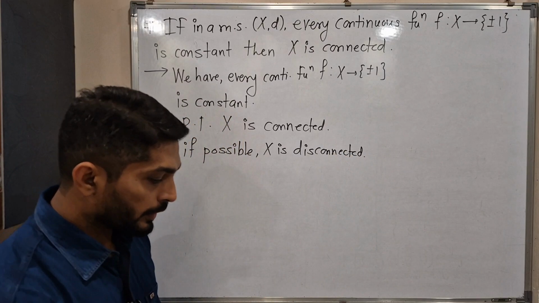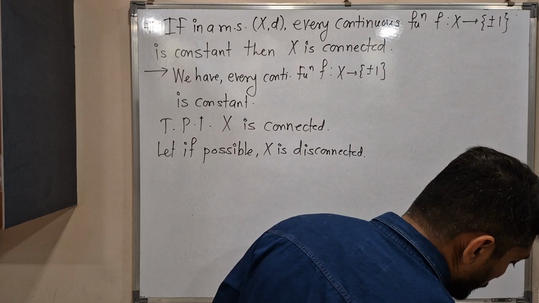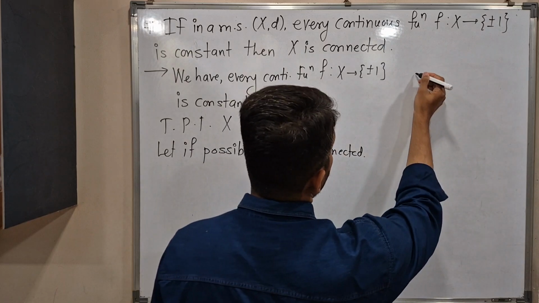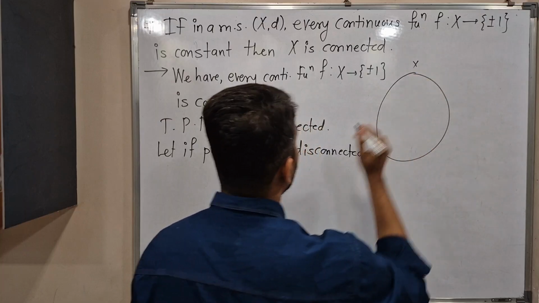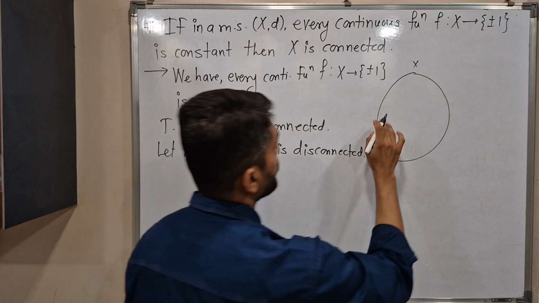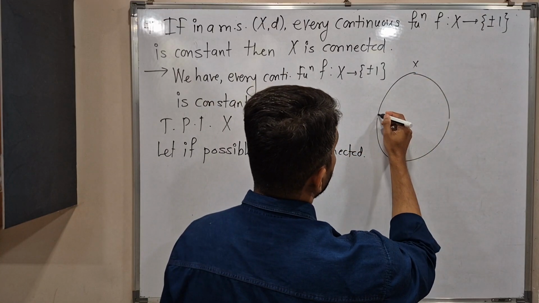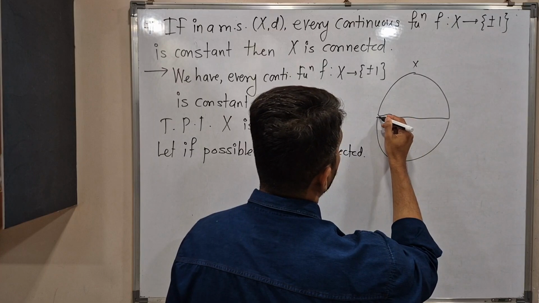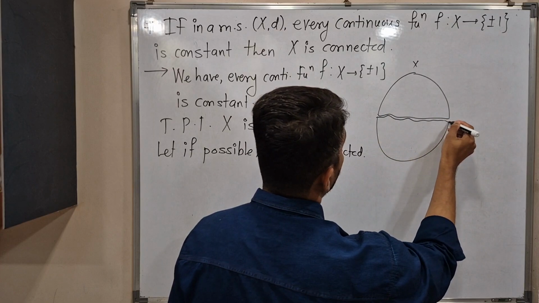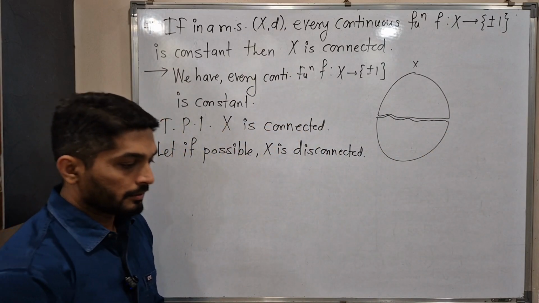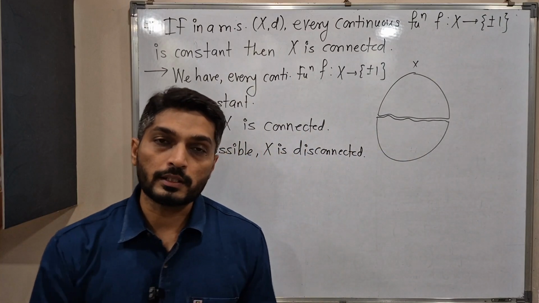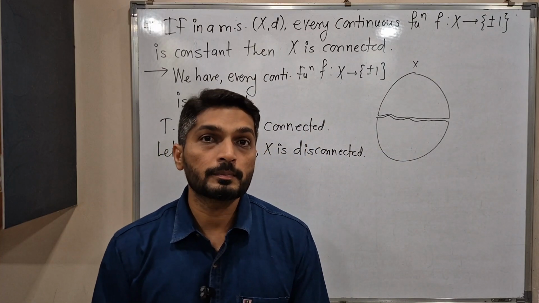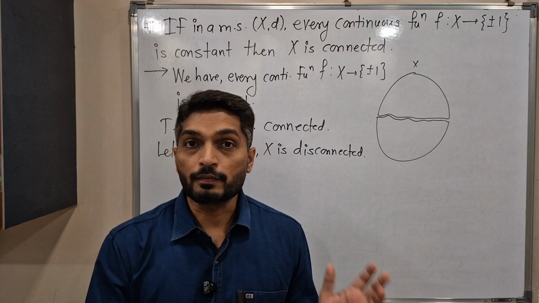Let me show it in the picture. Suppose we have such a metric space X, and we are saying X is disconnected, that means we will have this kind of thing. The various definitions of a disconnected metric space we have already seen in our previous videos.